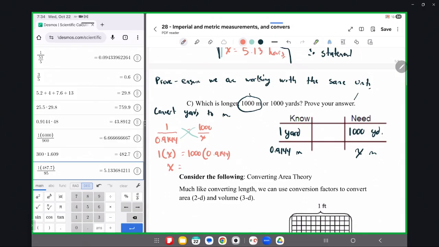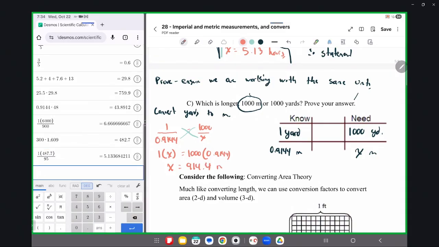And so x will be equal to 914.4 meters. If you're not sure about that, you can just use your calculator to confirm that this is the case. And there it is.